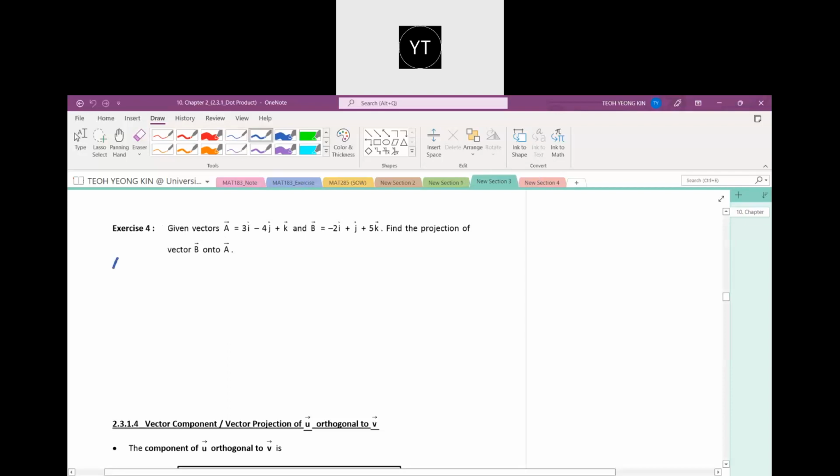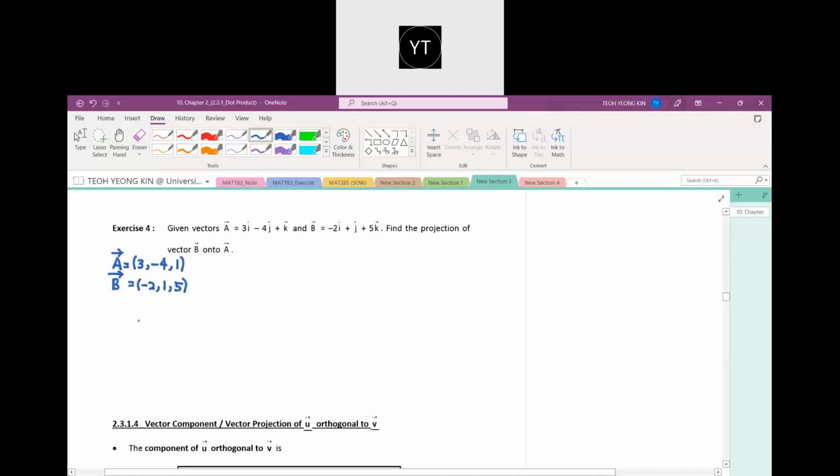So let's say the coordinate of A will be 3, -4, and 1. Whereas the coordinate for vector B is equal to -2, 1, and 5.